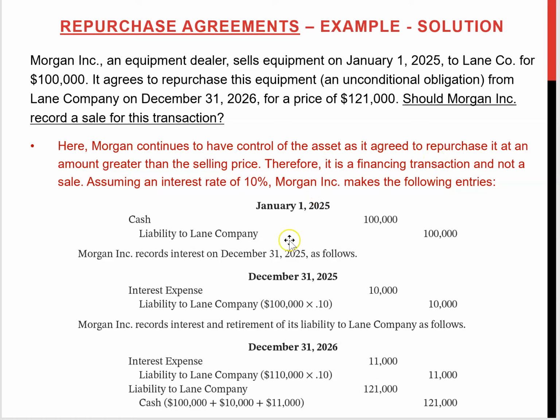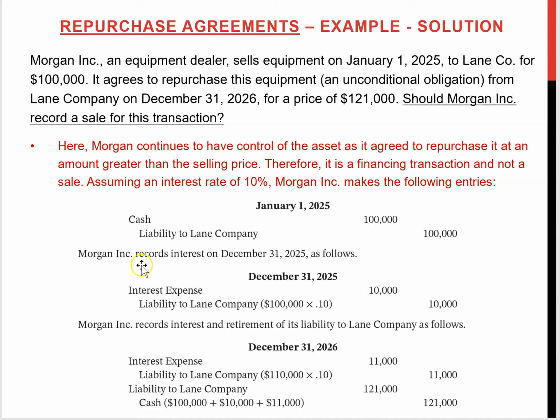So when you record this transaction on January 1st, when they transferred the equipment to Lane and received 100,000, cash is debited, but they are not recording it as a sales revenue. Why not? Because Lane is not getting the control. Morgan is still maintaining or continuing the control of the asset.